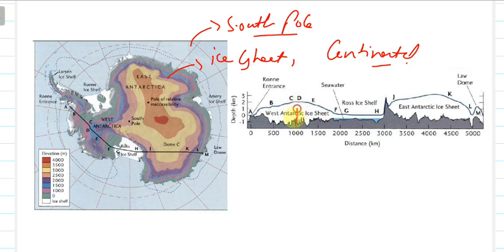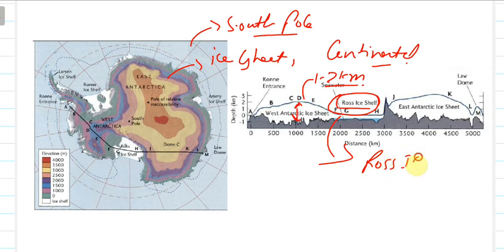You can see that the ice sheet is almost 1 to 2 kilometers thick, but it is shrinking at a very rapid rate. One of the regions is very famous here, that is the Ross ice shelf. It's a very big chunk of ice sheet that is receding rapidly due to global warming.